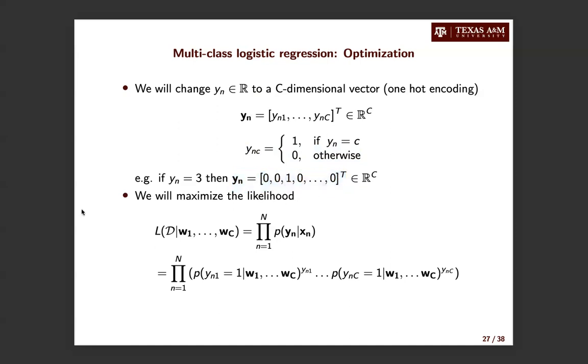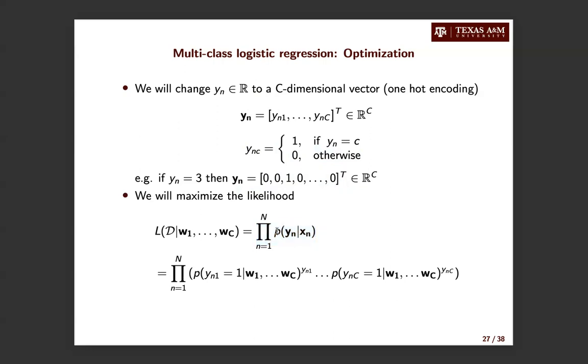As we discussed in the case of binary logistic regression, the likelihood of our data is the product of all our single observations, and essentially the product of observing each outcome yn given our input data xn and of course given the weights.